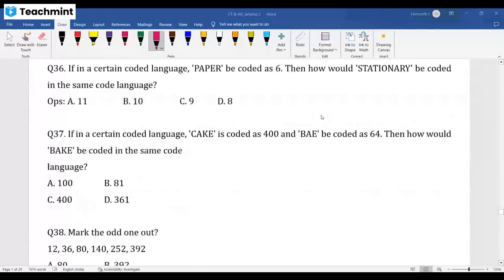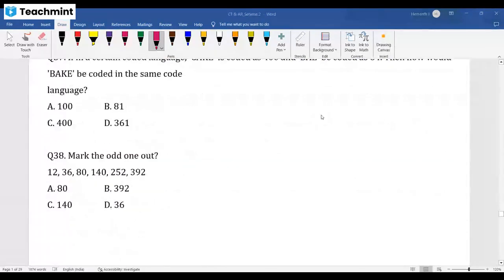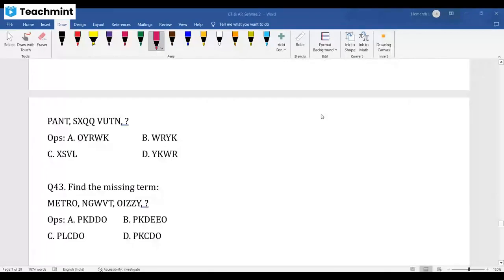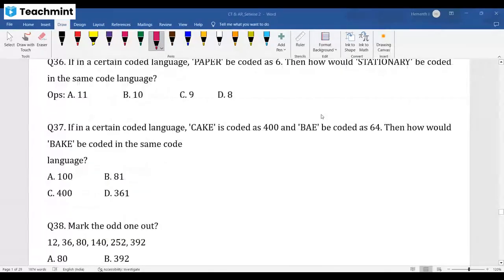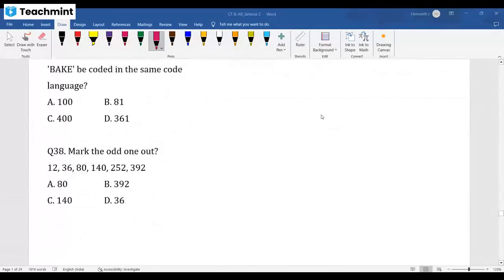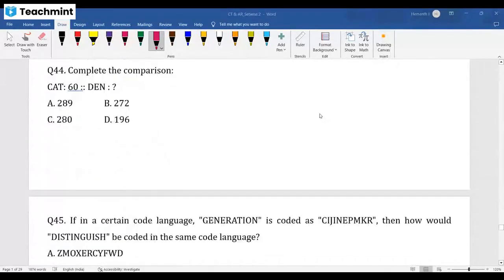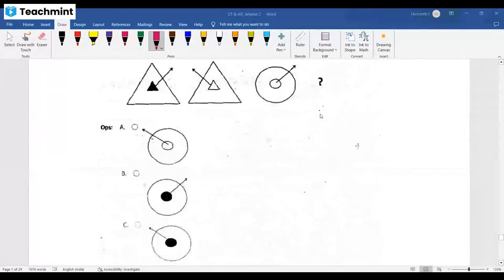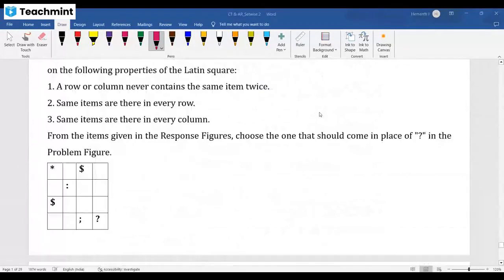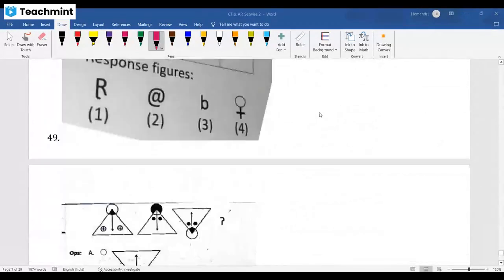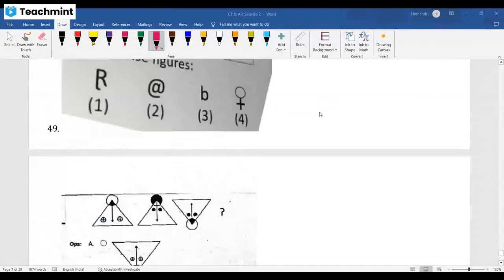Now see, we have around 15 questions, half an hour. I think not that much is required. I can show the exact question numbers also. This is one set: 36, 37, 38, 39, 40, 41, 42, 43, 44, 45, 46, 47, 48, 49 and 50. That's it, exact one set.